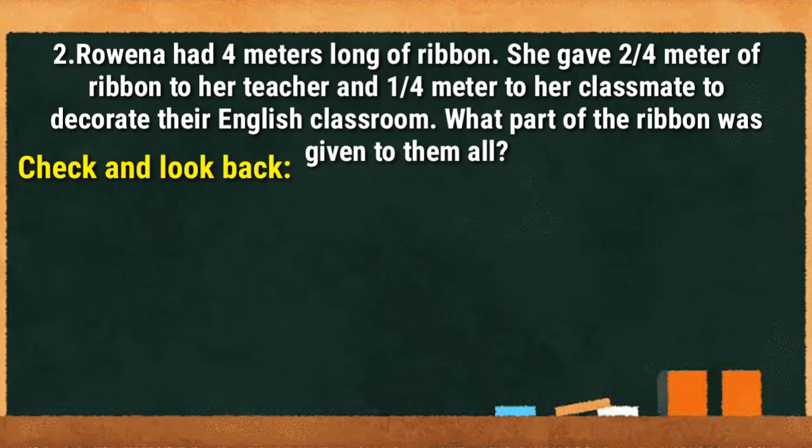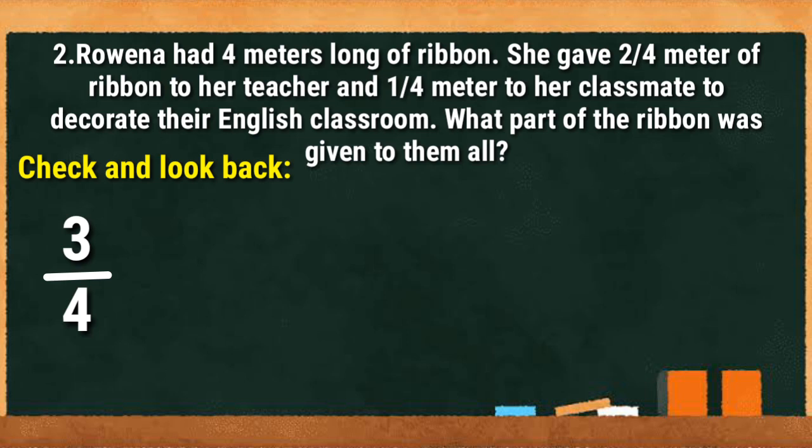And now let's check if your answer is correct. We have to form a fraction by putting 3 in the numerator and 4 in the denominator. Let's recall the basic concept of fraction, that your numerator is the part of the whole and the denominator is the whole itself.